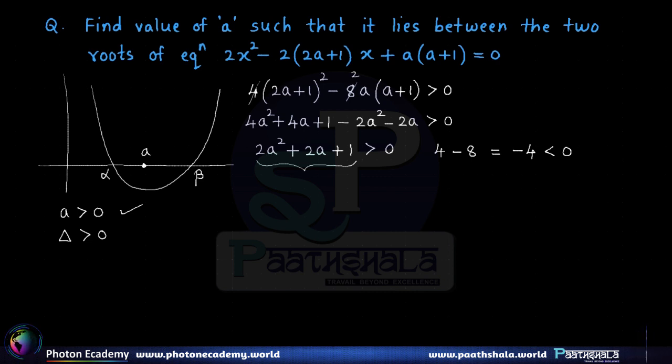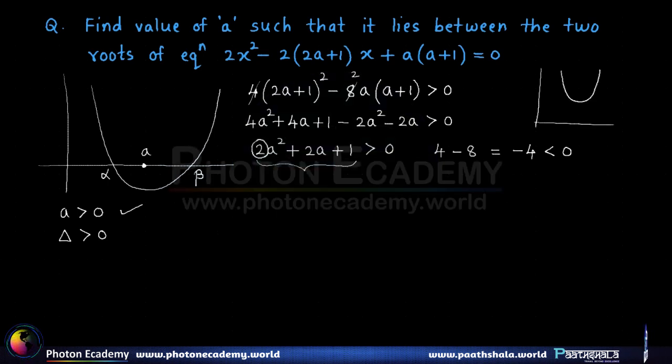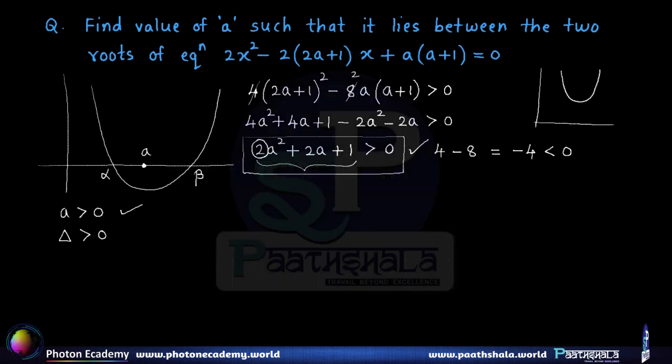Now when delta is negative for a quadratic expression having positive coefficient of x square, it will represent a graph something like this, so that its value will always be positive because it lies above the x-axis. So in other words, we need not worry about the value of a, because this particular expression is always satisfied. So now let's move ahead to the next condition.